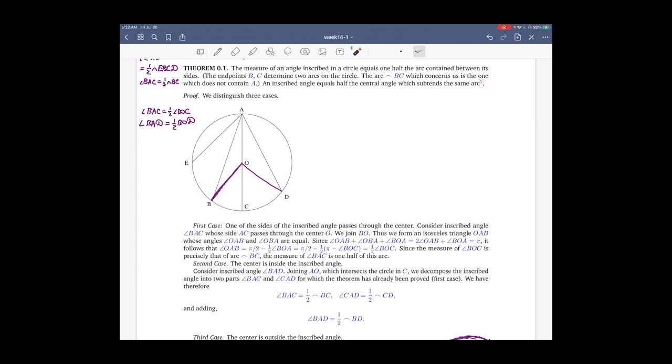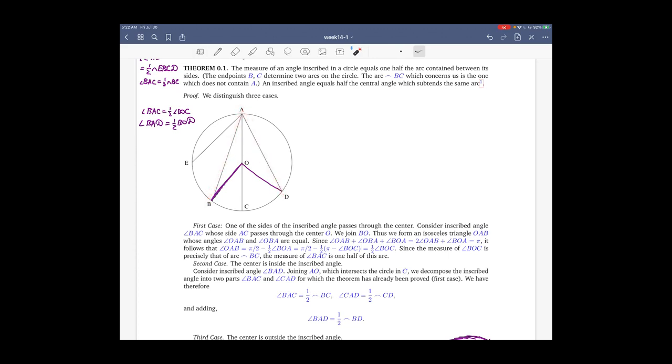All right, let's look at the proof. We consider three different cases, depending on whether one of the two sides of the inscribed angle passes through the center. That's the first case. In the second case, the center of the circle O will be inside the angle. This angle will be BAD.